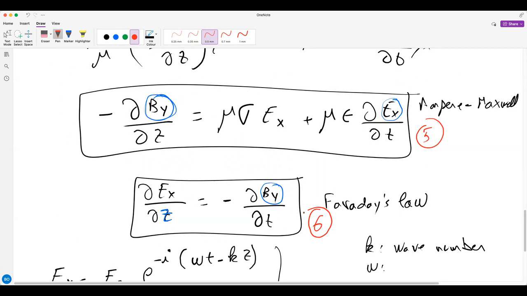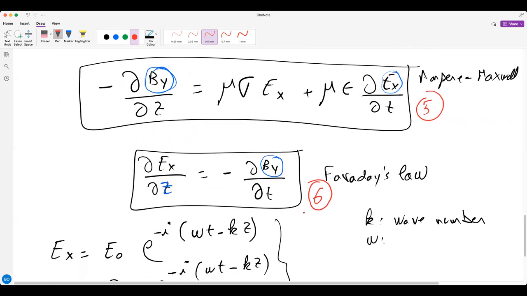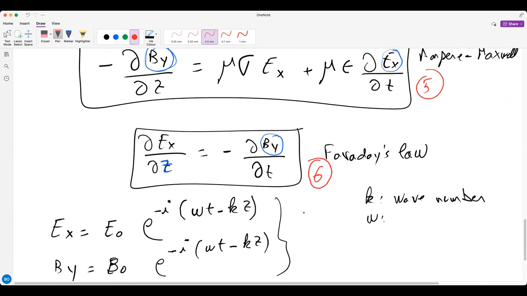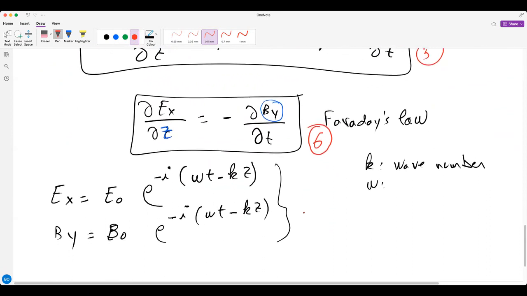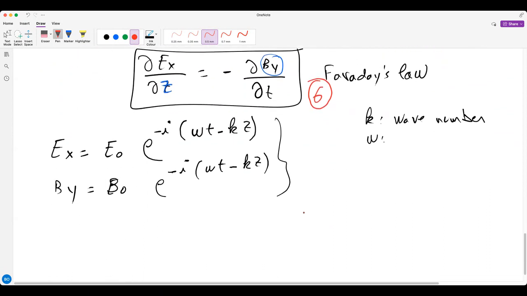Now I want to see, okay, what happens? Can I get something very interesting if I replace the magnetic field and electric field with a real wave? So we know that the derivative of, let's say, Ex with respect to z will be ik Ex, right?